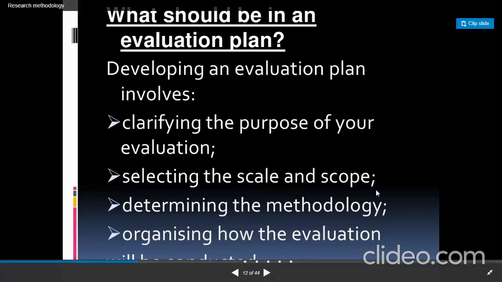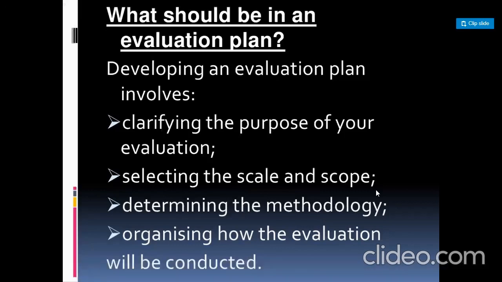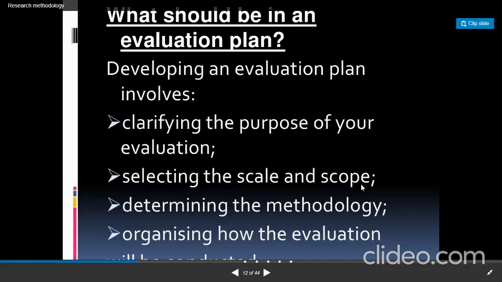Selecting the scale and scope: what type of scale are you going to use? In your study and your evaluation, are you going to take urban areas, rural areas, metro areas, and what is the scope, what things are you going to adopt, an existing dosage form or a new dosage form, right?